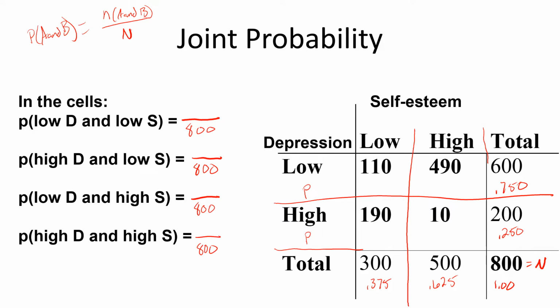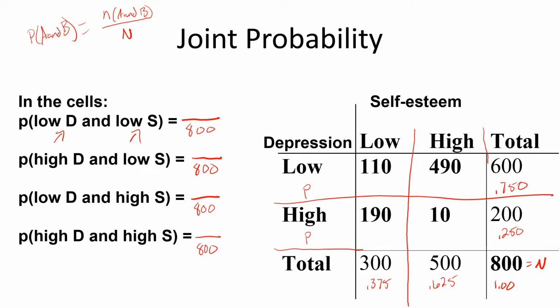But now we have to put in above it the number of A and B, or another way to say this is the joint frequency. So the number that are both A and B. So in this case, the number that are both low depression and low self-esteem.